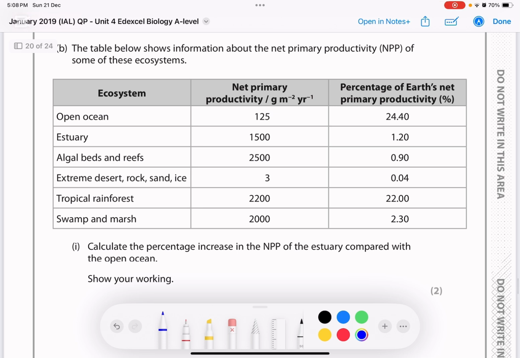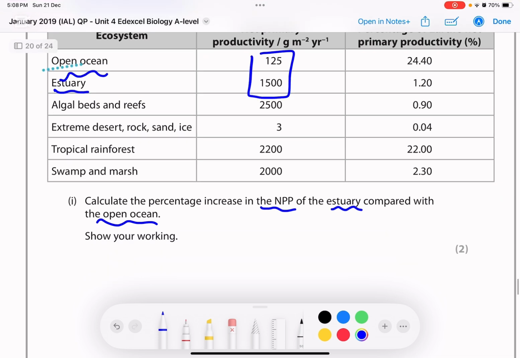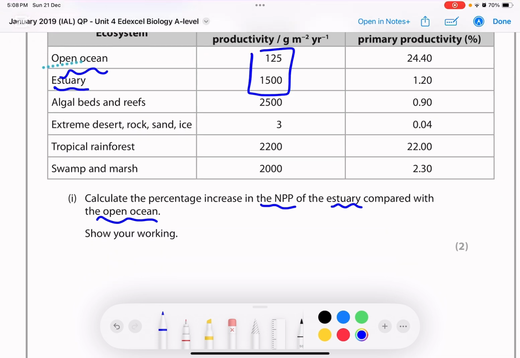The table below shows information about the net primary productivity of some of these ecosystems. Calculate the percentage increase in NPP of the estuary compared to the open ocean. So estuary, open ocean, and we are comparing the NPP, not the Earth NPP. It's going to be percentage increase, so this is the final and this is the initial.